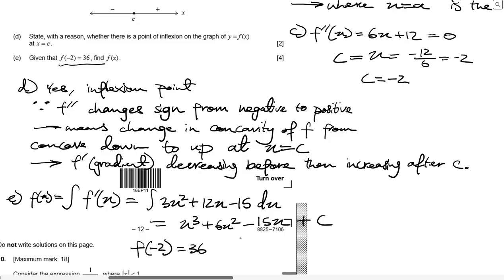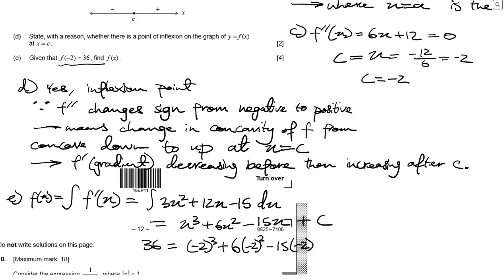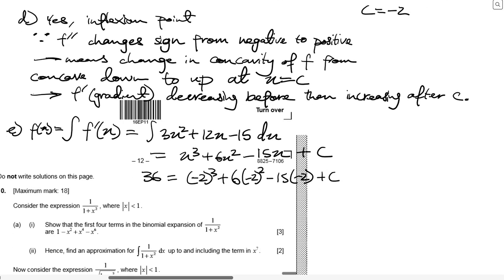And so let's just plug in our initial conditions. f of negative 2 is equal to 36. So 36 is equal to negative 2 cubed plus 6 times negative 2 squared minus 15 times negative 2 plus c, and we can find out c. And so 36 minus 8 plus 24 minus 30 is equal to c.